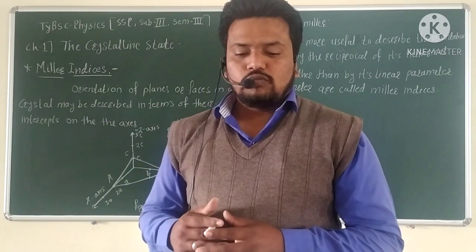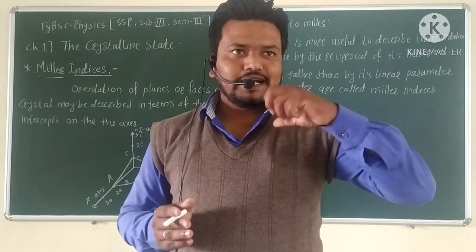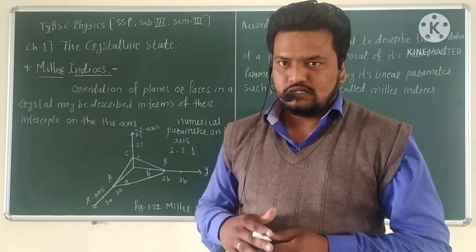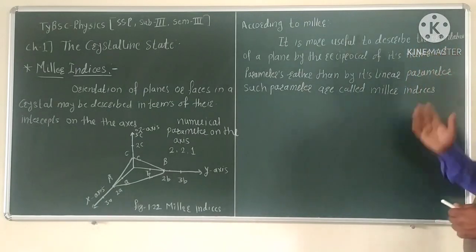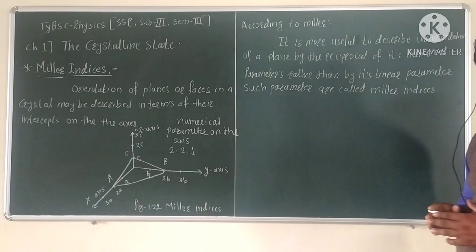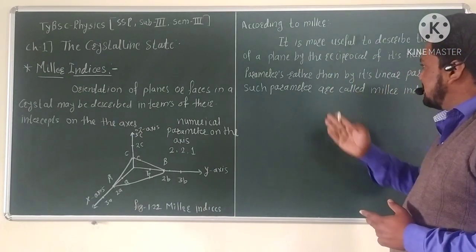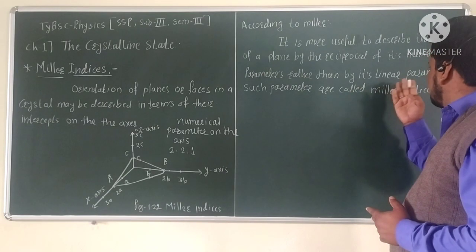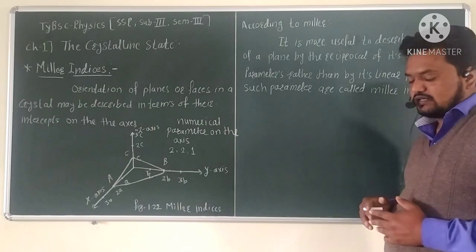So for this orientation 2, 2, 1, according to Miller, it is more useful to describe the orientation of a plane by the reciprocal of its numerical parameter rather than by its linear parameter, and such parameters are called the Miller indices.